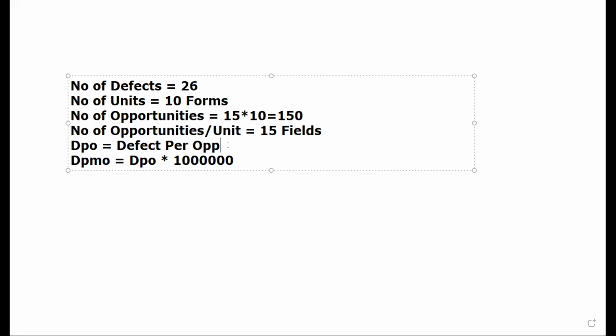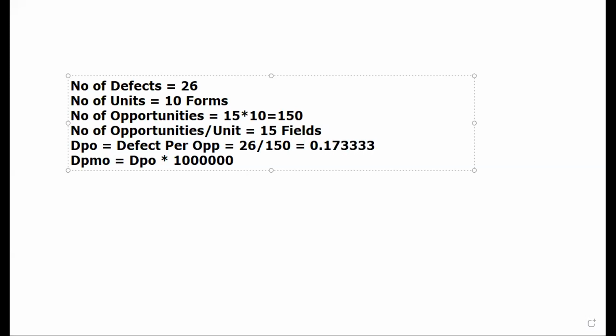So the DPO will be defects per opportunity, which is 26 divided by 150. The total opportunities are 150 and defects per opportunity will be 26 divided by 150, which is equal to 0.173333.